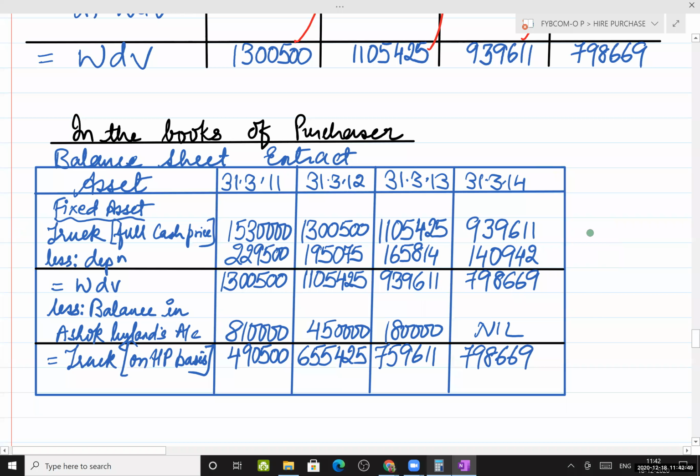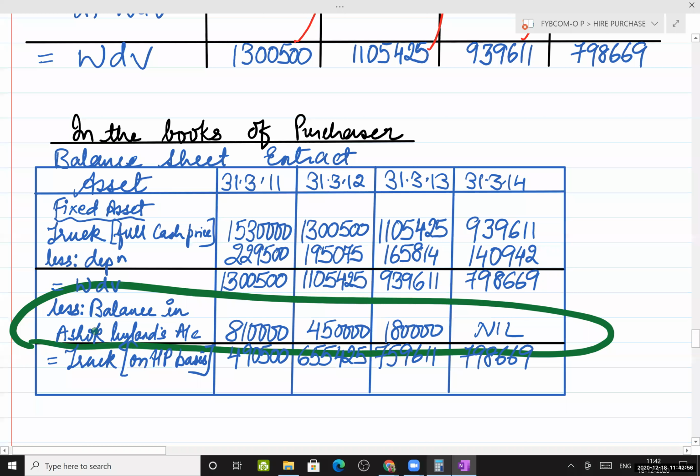Then after the WDV, subtract the seller's ledger balance. Balance in Ashok Leyland's account. Which balance am I talking about? I'm talking about the unpaid balance. So either you can take this figure from working note number 1, or if you want, you can check the ledger of Ashok Leyland.